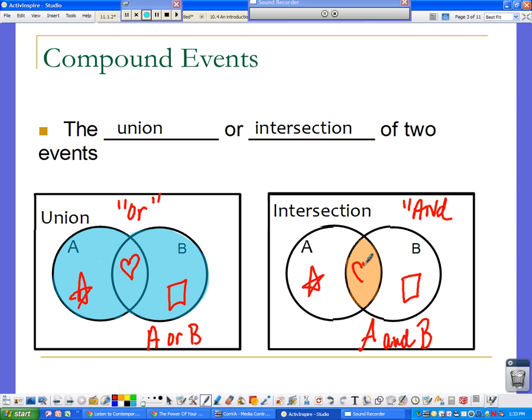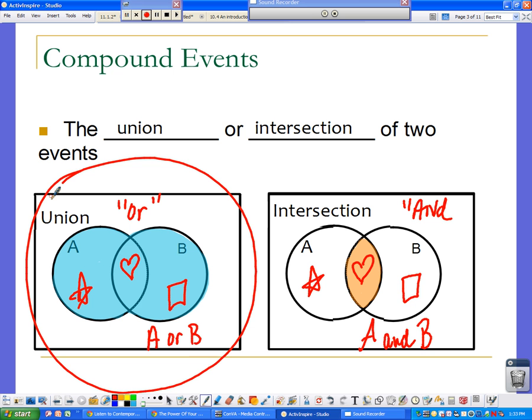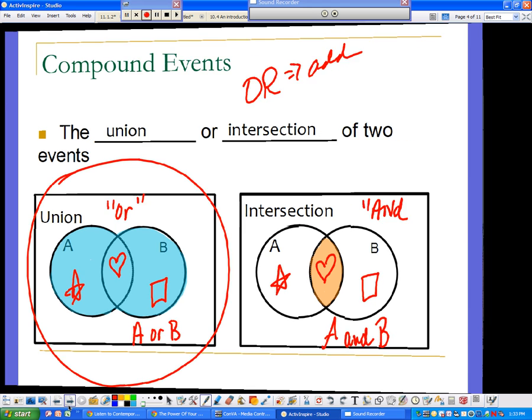The heart is the only thing that actually satisfies that criteria. Okay? But basically, what we're going to be focusing on today is the union and that word "or." And if you remember, this is a biggie. "Or" means to add when you see that. Okay? So let's take a look.